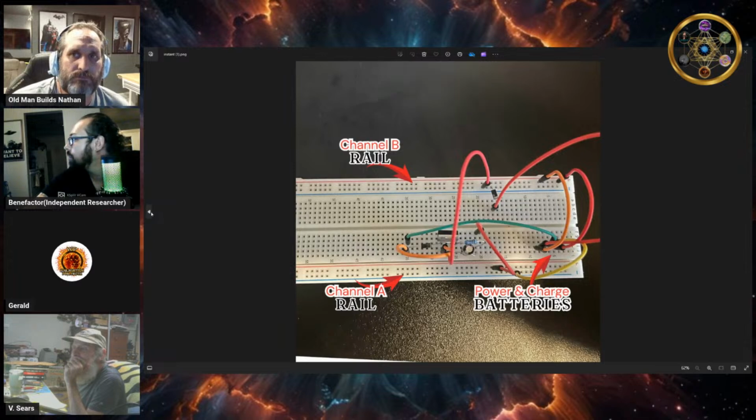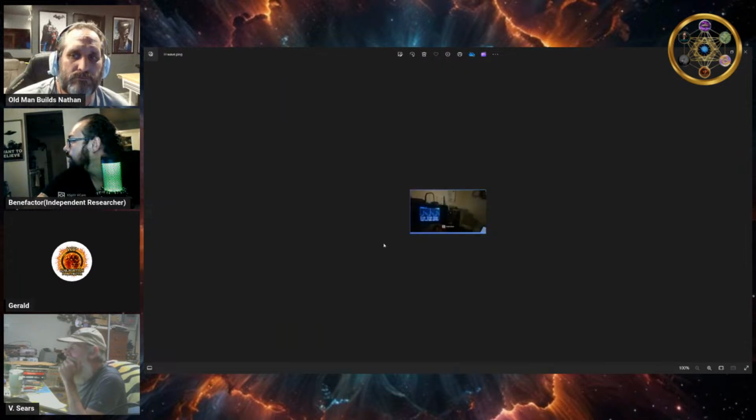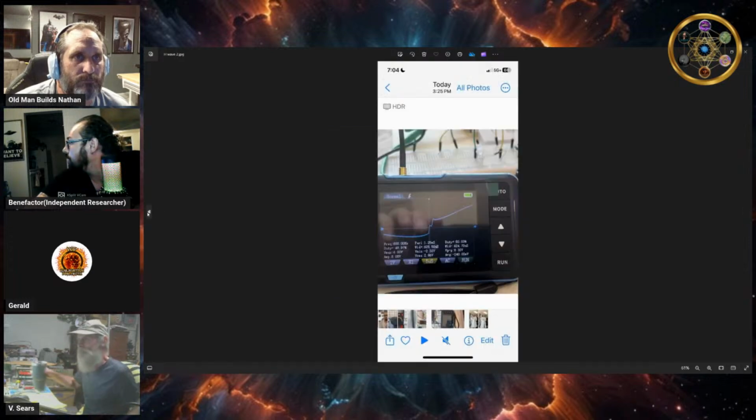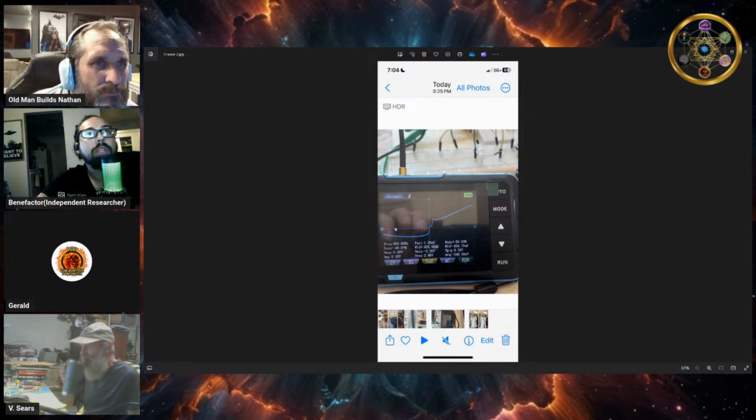I'll show you. So this is what we got when the coil is in resonance, and it's a pretty interesting waveform. And as you can see, when I zoom in, it produces basically what John Bedini described as a perfect H wave.